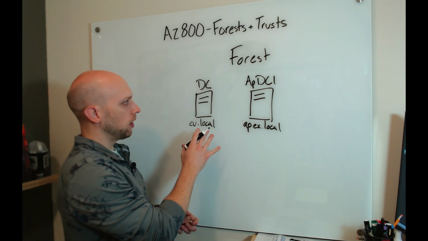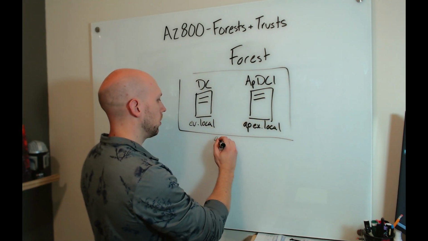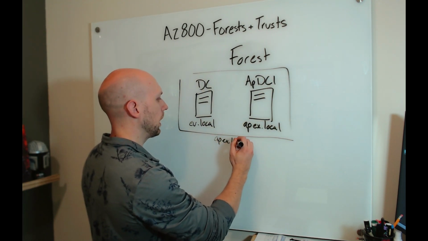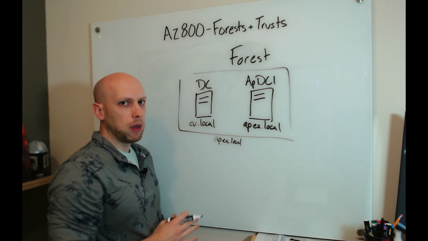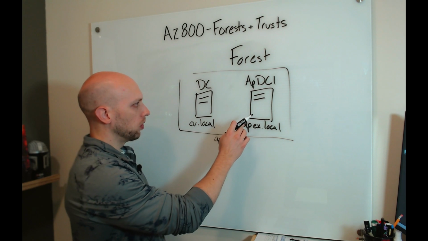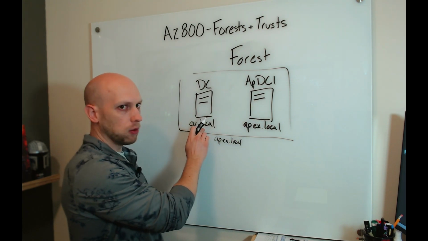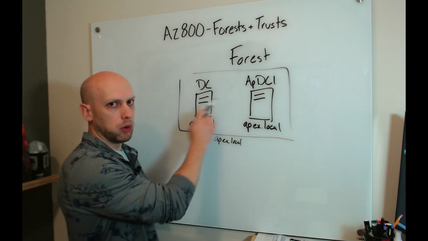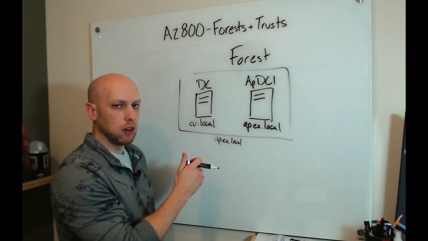In this case, they're in the same forest. The forest is called apex.local still because it's named after your parent domain, but these are essentially independent from each other. In order for any user or resources in apex.local to resolve this domain, you have to have conditional forwarders set up for DNS. Nothing resolves back and forth unless it's specially configured that way.